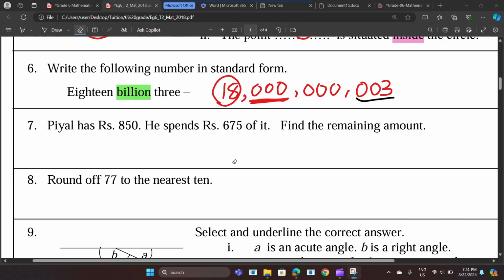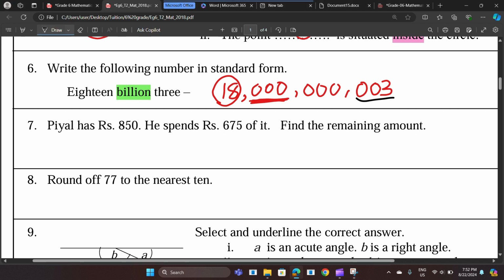Seventh question. Here has 850 rupees. He spends 675 of it. Find the remaining amount. In here, it is easy. You have to just subtract these two amounts.